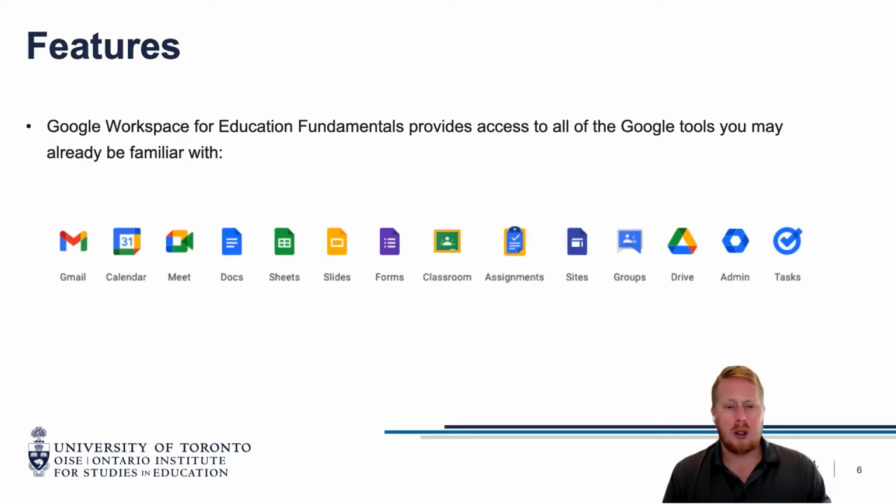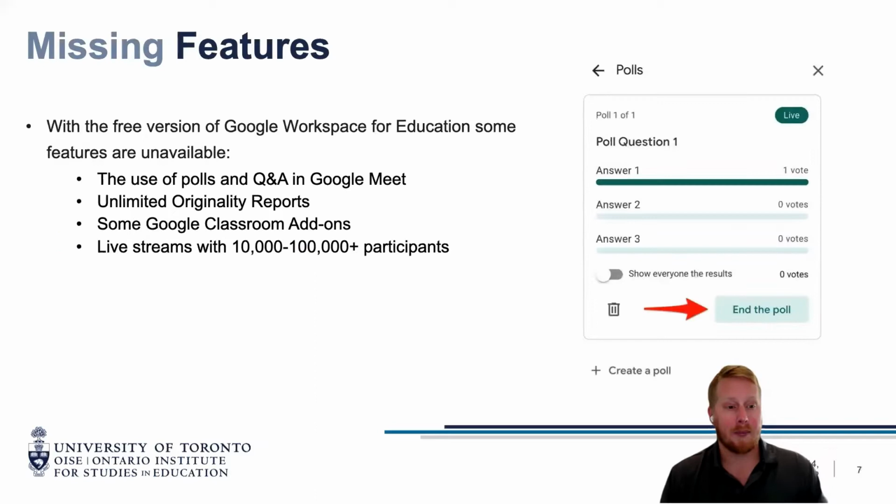You'll notice that using things like Google Classroom and Google Meet may be a little bit different if you've already experienced using a paid version of Google before, but that's neither here nor there. There are a couple of missing features because we are using the free version. We're unable to use polls when we use Google Meet, which is the video conferencing or video chat service.